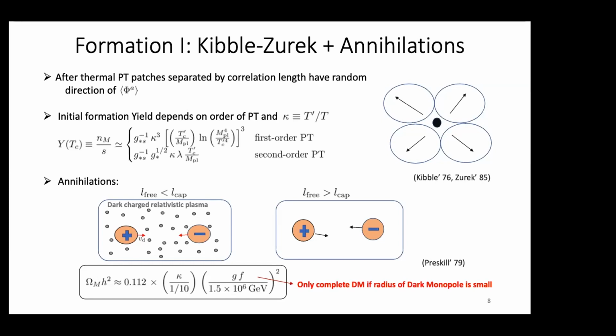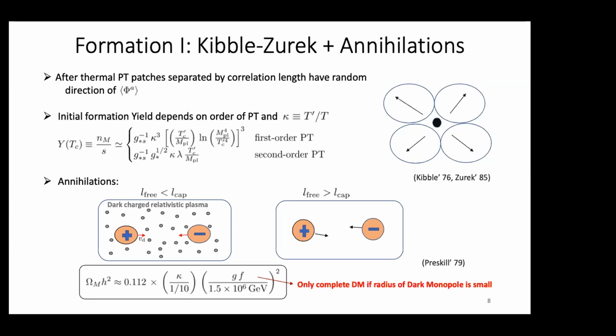But this is not the whole story, because it turns out there will be annihilations. The reason we care about annihilations here, and not in some cases like GUT monopoles, is that here we are trying to form monopoles which are larger in size and where the magnetic field strength is actually larger. So you will have some kind of annihilation.